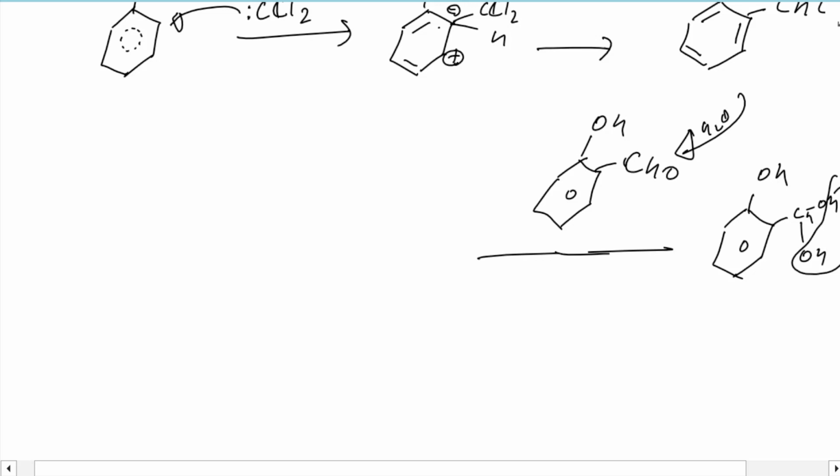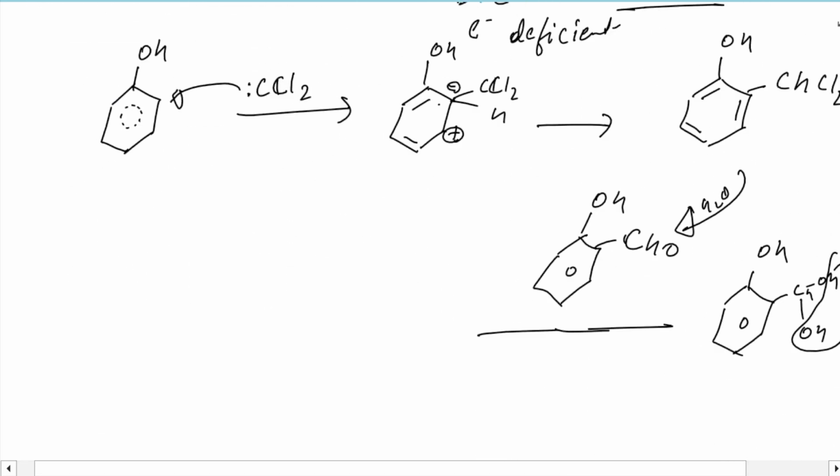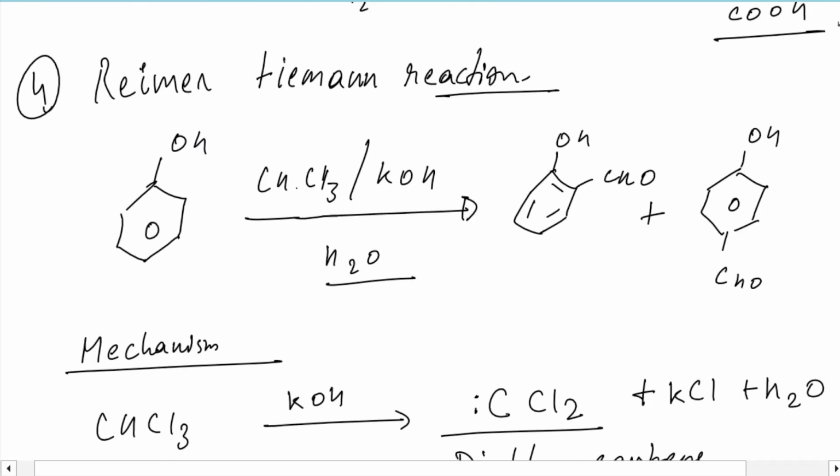I hope you understood this. So what is formed here is salicylaldehyde. If it's CCl4, then what is formed is salicylic acid.